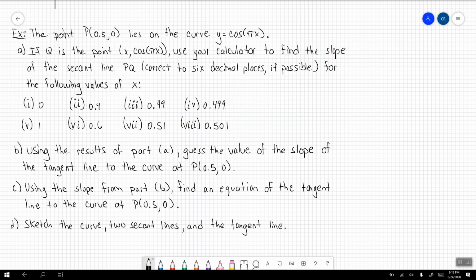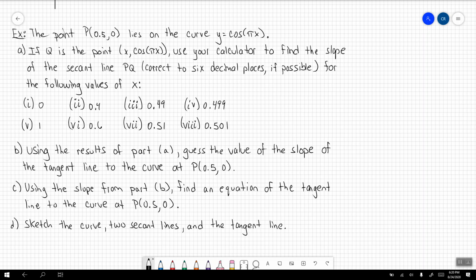So we want to now try this example where we're given a point P that has coordinates 0.5 and 0, and it's going to lie on the curve y is equal to cosine of pi times x. There's 4 parts to this, part A, B, C, and D, and part A is broken up into 8 separate parts.